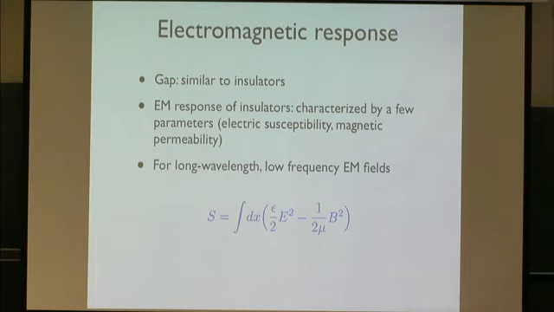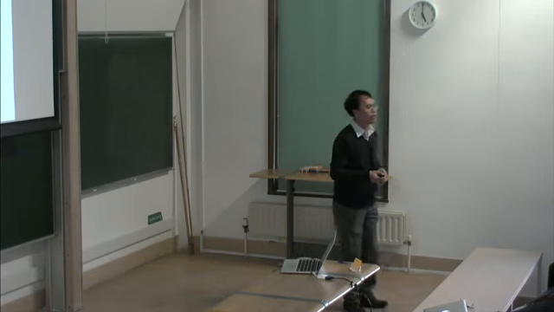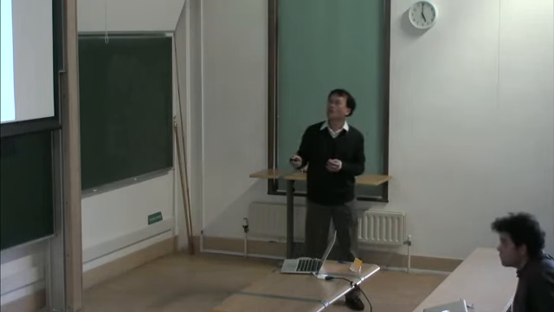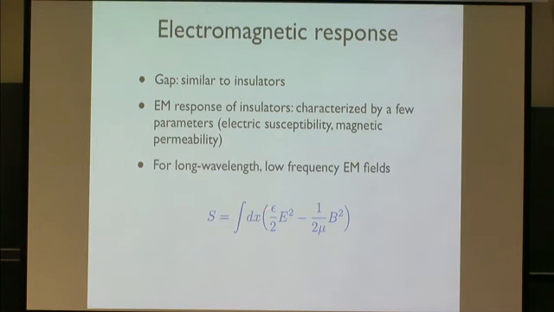For long wavelength and low frequency external electromagnetic fields, the effective action that describes the response of an insulator would be characterized by just two numbers: the dielectric constant epsilon and the magnetic permeability.